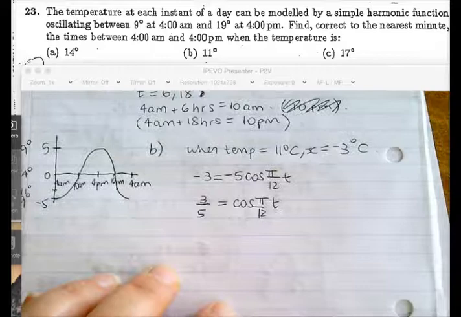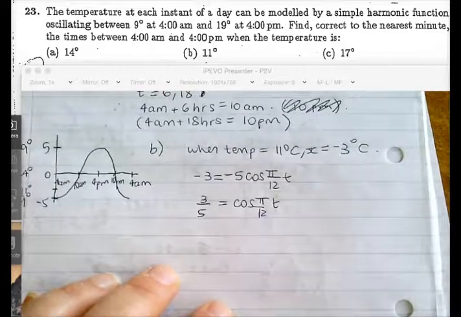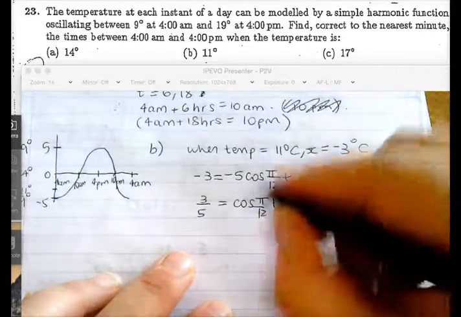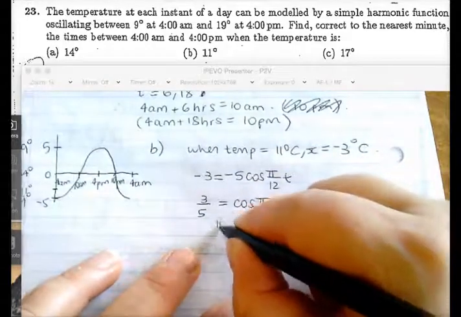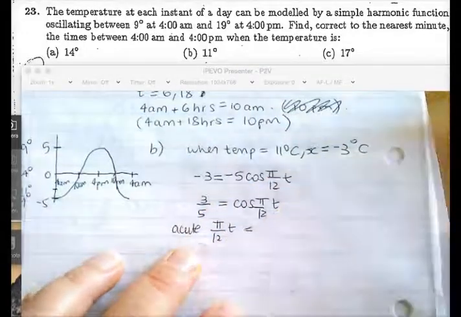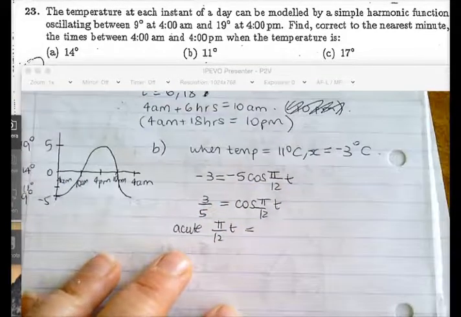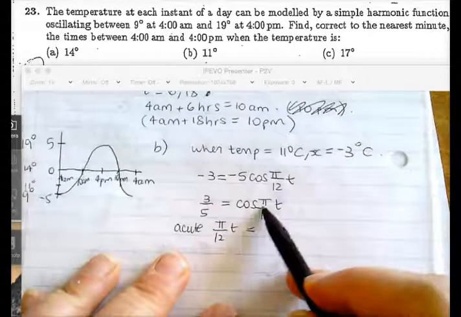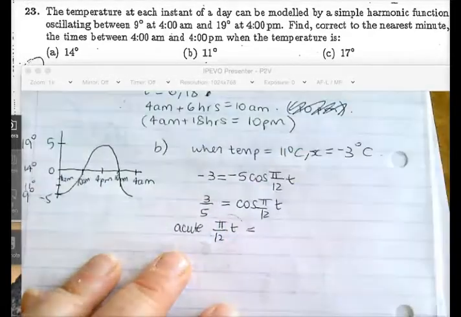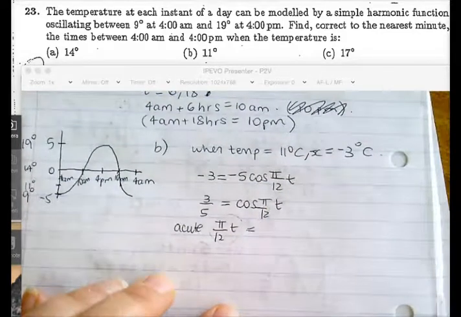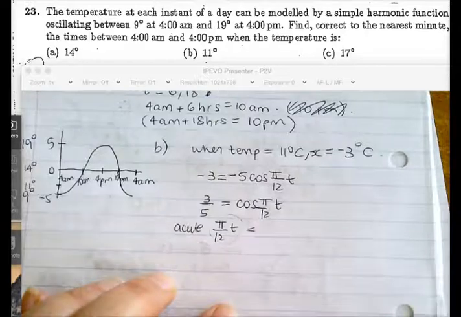All right, what have we got? Girls, you need your calculator for this one. So pi on 12t, the acute angle, you have to go shift cos to the minus 1 of 3/5, because cos of what is 3/5? Cos to the minus 1 of 0.6. 3/5 is 0.6.